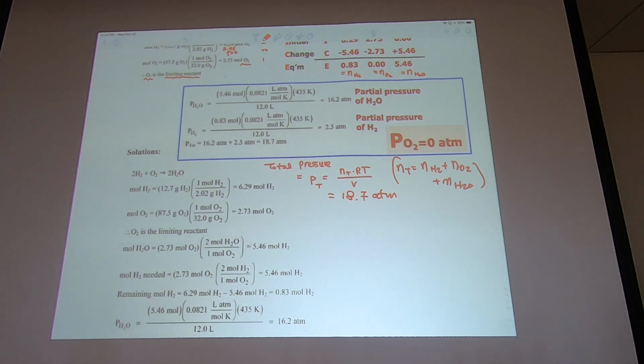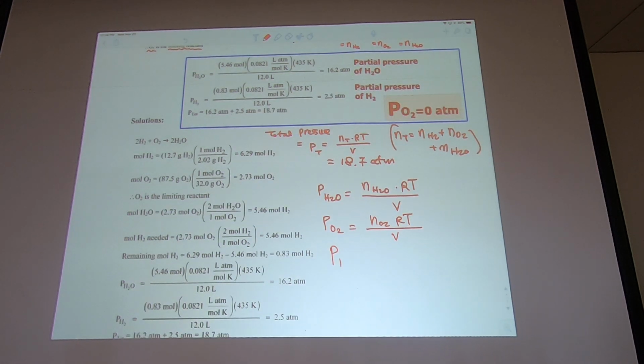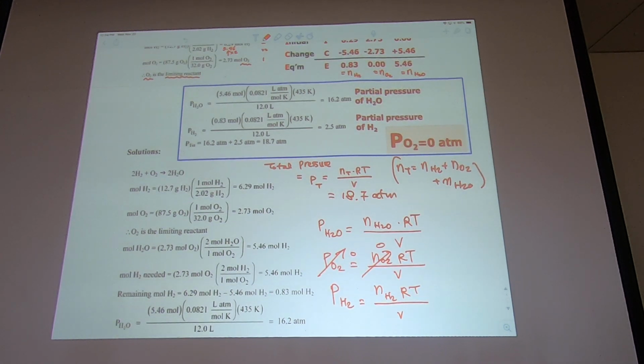It looks kind of funny, but the pressure of H2O is nothing but N H2O RT over V. Pressure of O2 is N O2 RT over V. Partial pressure of hydrogen is N H2 RT over V. And I know this is already 0, so this one is 0 already. But I can plug in the same way.